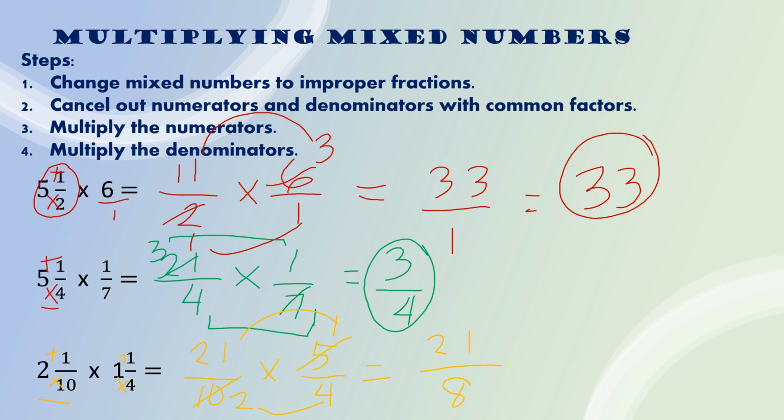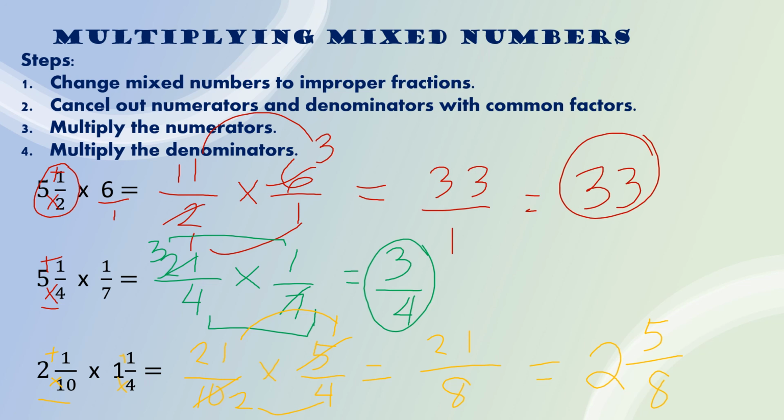It's an improper fraction, and we cannot have an improper fraction as our final answer. So let's change. How many 8s are there in 21? There are only 2 8s with a remainder of 5. And then let's just copy the denominator 8. 2 and 5 eighths. If you want to check, you can multiply 2 times 8 is 16 plus 5 is 21. 21 over 8.